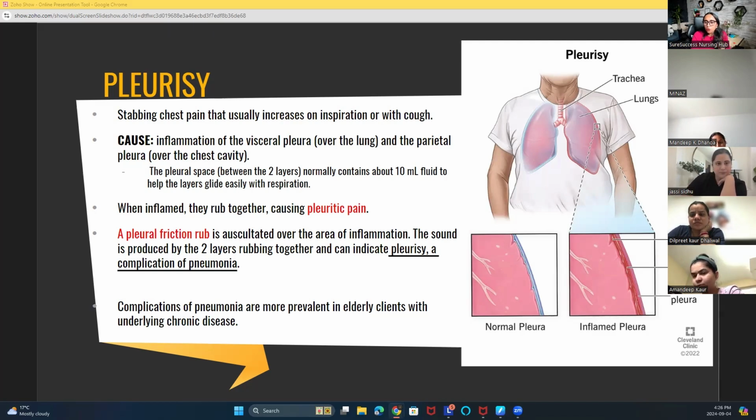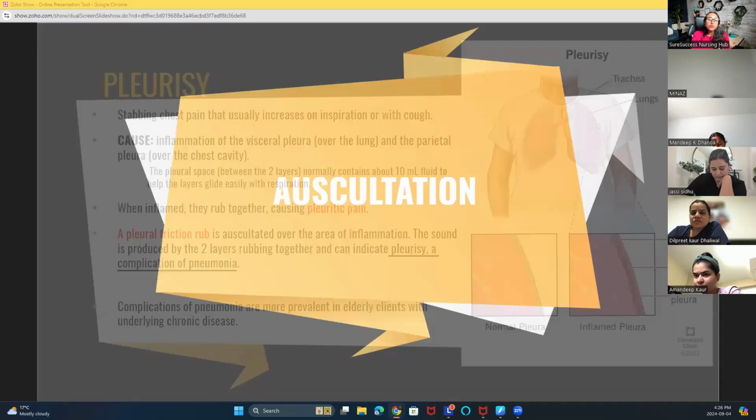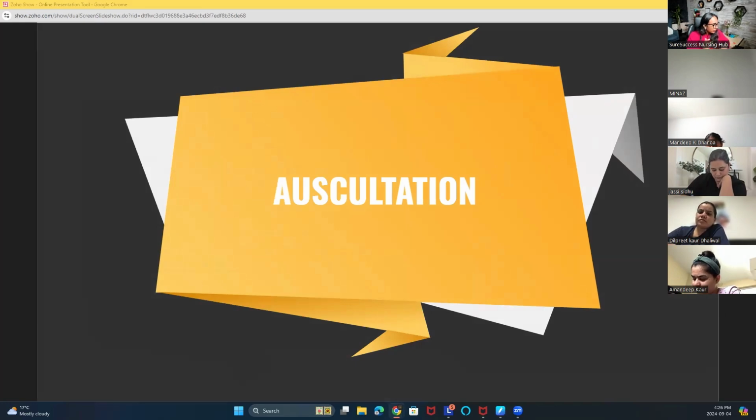Okay. So now let's move on to auscultation, because it is very important. In your NCLEX exam, you are going to get a lot of questions. The patient is having crackles, pneumonia, stridor, this kind of sound. What will you do? It is very important to know the difference between the sounds.